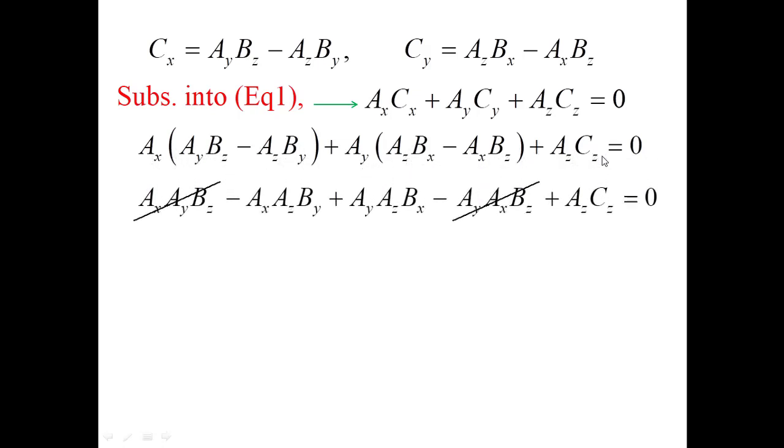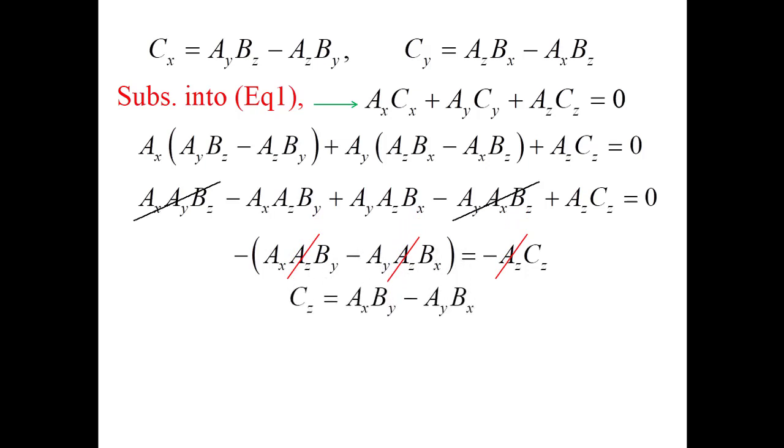By multiplying and eliminating similar terms, for example these two terms cancel each other out, we are left with this last term. Then we cancel the AZ from each term, and CZ will be AX BY minus AY BX.